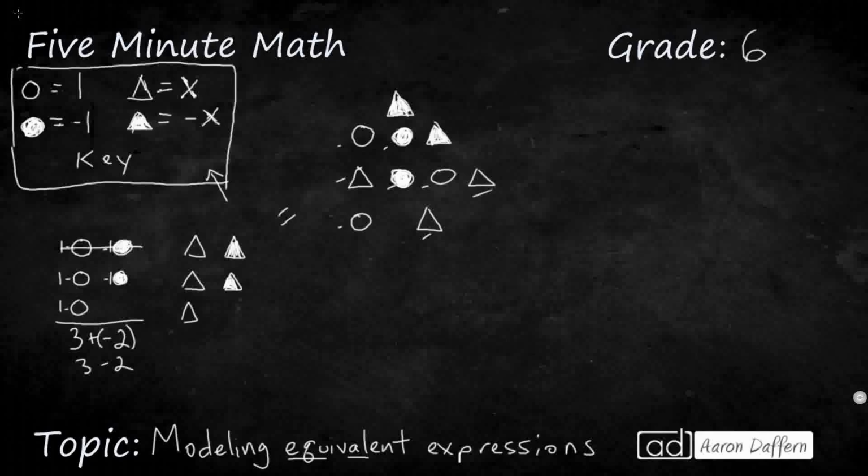This positive 1 and this negative 1 cancel out. So there's only a positive 1 left, and 3 minus 2 makes 1. So after all those circles, 2 positives cancel out or form a 0 pair with 2 negatives. They make a 0 pair. There's only 1 left. Let's do the same thing for the triangles.